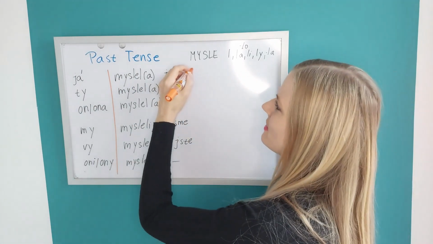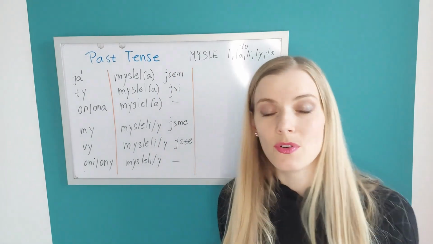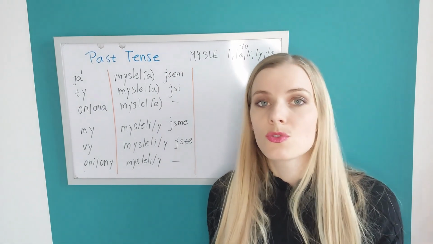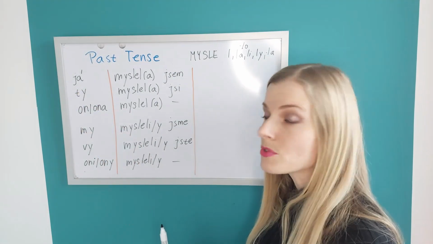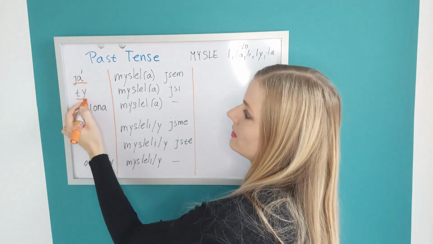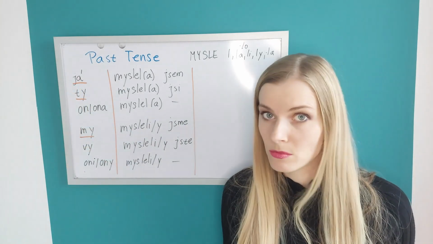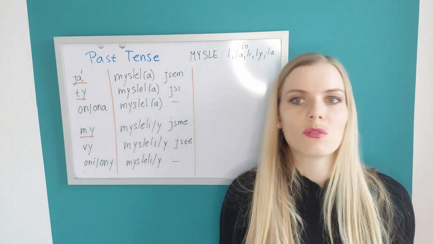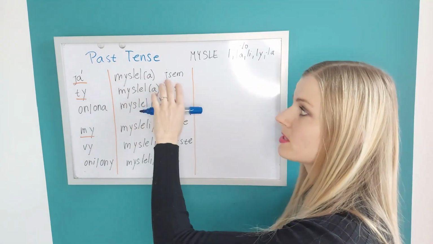But there is this feature of contracting the forms, using shorter forms for specific pronouns. Only for some persons. It concerns já, ty, and my. These are very frequent pronouns. Sometimes when we speak or write informally in colloquial Czech, we don't say myslela jsem.